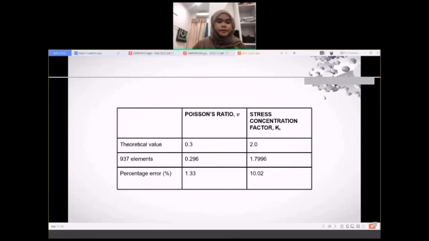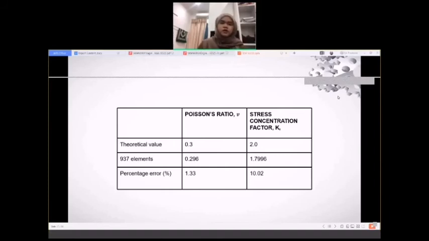Okay. So then we calculate the Poisson ratio. The theoretical value for the Poisson ratio which is given to us is 0.3, but when we calculate using the optimum number of elements, we got 0.296, which is not a big difference, with a percentage error of only 1.33.